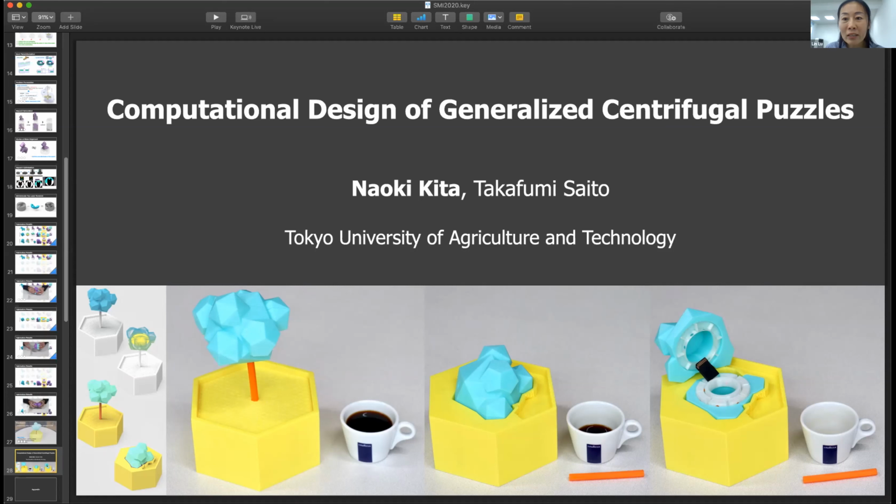Yeah, so the first question is from Martin, and it seems to me that the support structure basically gives away how to spin the object.